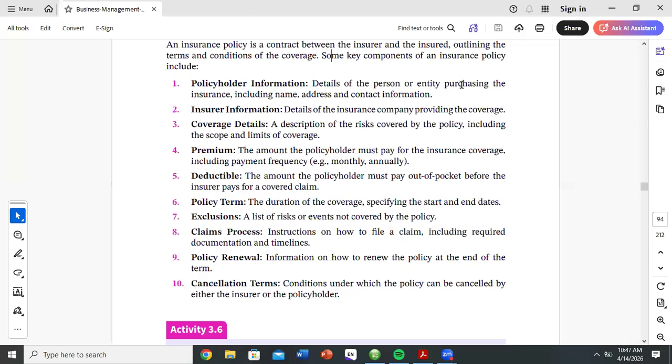Okay. That is why the word deductible comes in there. The amount you must pay. So if you haven't paid, then they can deduct it from the lump sum of money they are going to use to compensate you.